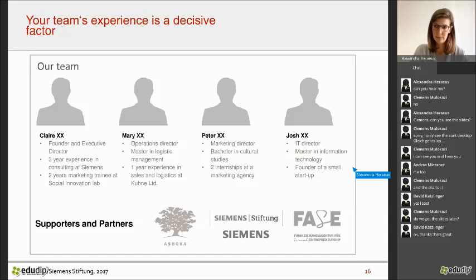Also, depending on your team, if you have a bigger team, it's nice to include a group picture because it tells that you are already a bigger group and that you have some group spirit and that you care about it.